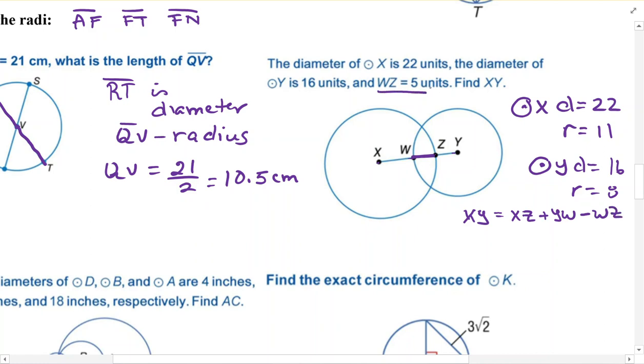And we're told that WZ is 5 units. So XY would be the radius of circle X, which is 11, plus the radius of circle Y, which is 8, minus 5, which gives us that XY is 14 units.